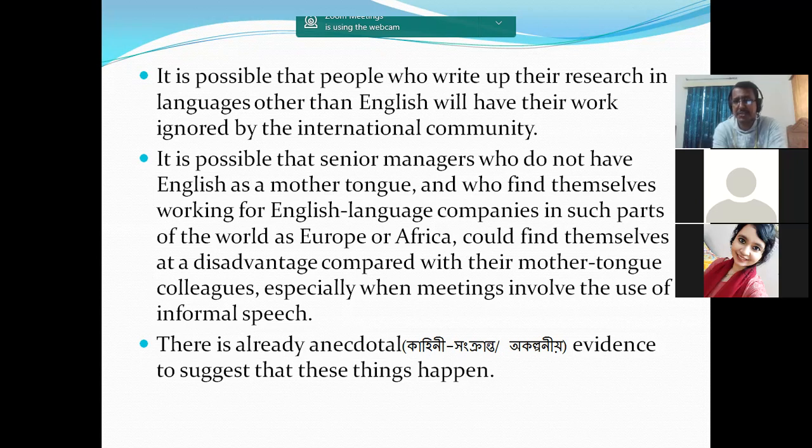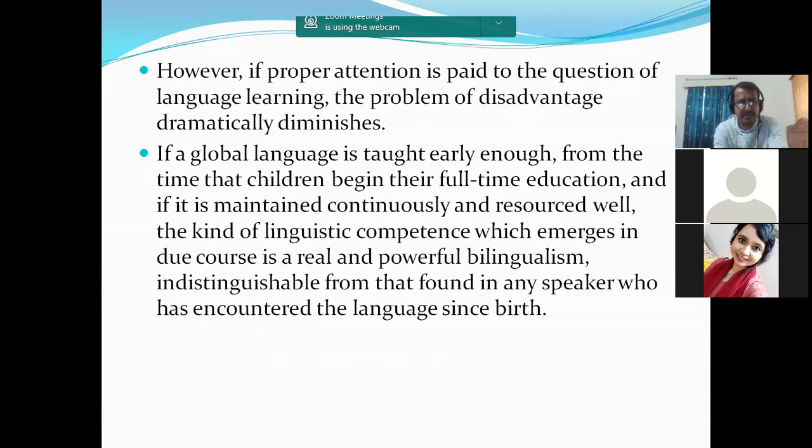If anyone visits Africa or the European countries, the manager who will be English in their possession, well, he or she will be a best manager, with the best manager. And there is already an anecdotal evidence to suggest that this thing happens. So I have made the idea clear by giving some examples of yourself and us.